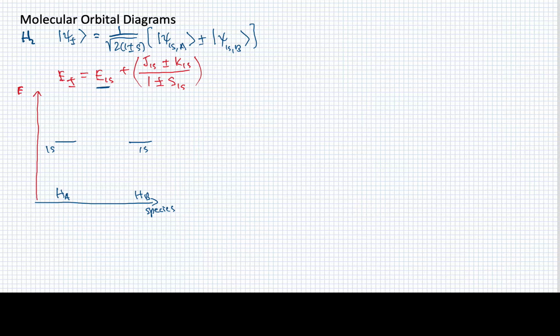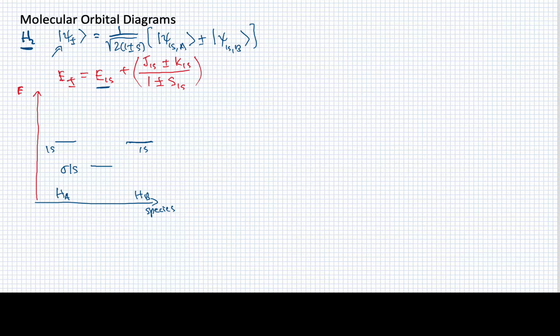The way we're going to construct this diagram is to say when I mix these two 1s orbitals together to create a molecular orbital for molecular hydrogen, I know that I'm going to create a plus combination that will end up with a lower energy down here. We might label this, for example, as a sigma 1s energy level.